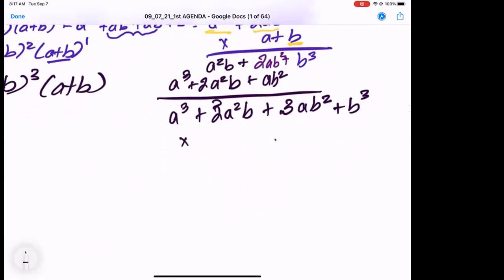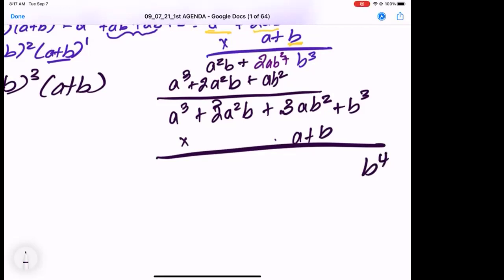So if we multiply by another a plus b, following the same logic as before, b cubed times b is b to the fourth. And then you've got 3ab squared times b. You want to do it and see what you get?